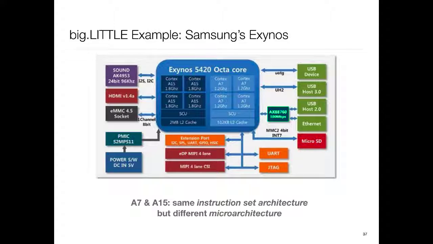So big.LITTLE is a pretty standard technique over the past 2-3 years. And sometimes things don't work very well. The previous generation of Qualcomm chips were well known to be energy hogs, because whatever power management feature they were using for switching wasn't working. So they had extreme inefficiencies in that process.